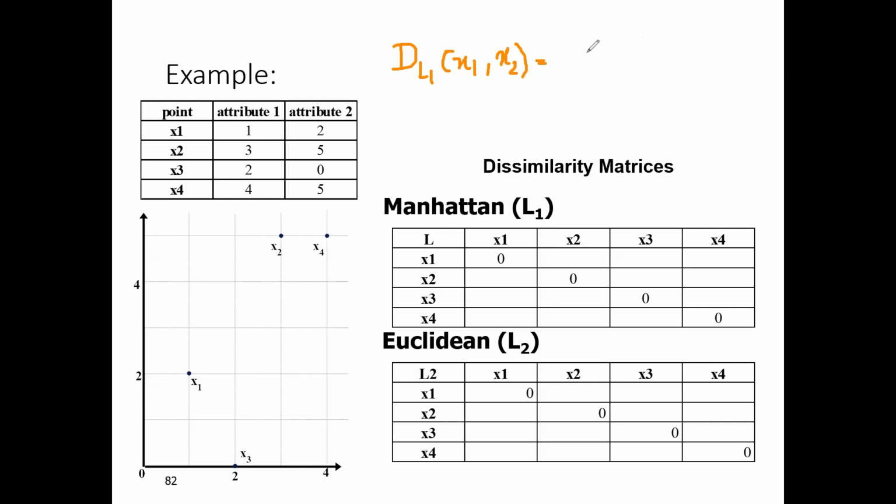The absolute value of 1 minus 3 is 2, plus the absolute value of 2 minus 5, which is 3. So we get 2 plus 3, that is 5. That's how we calculate the Manhattan distance between x1 and x2. Now, can you give me the answer for x1 to x3?